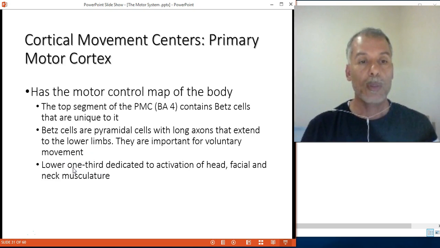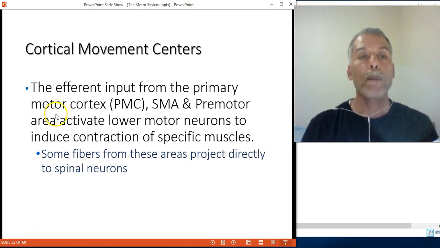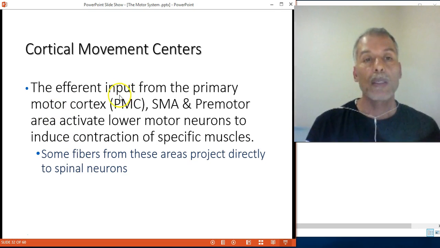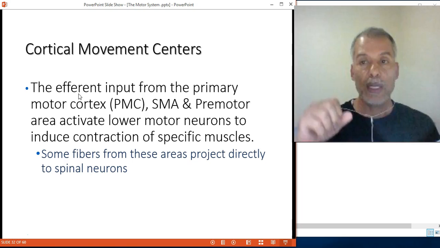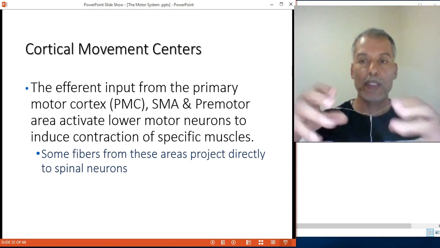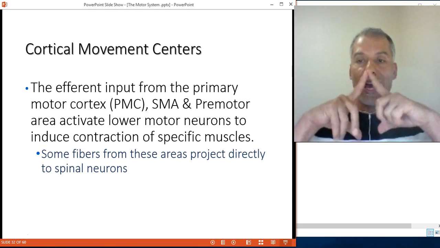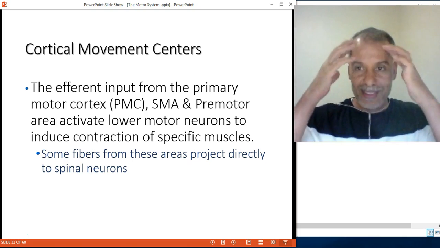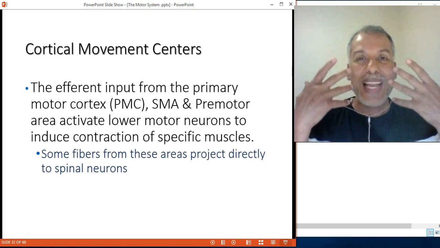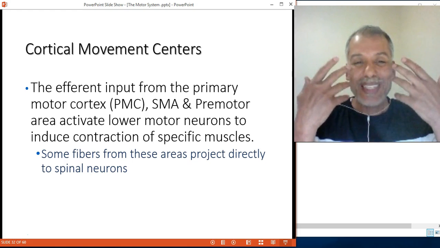So when we say efferent with an E, that means motor. Effect, to make an effect, a physical thing. And when we say afferent, that means sensory. Think about an affect, like you make an expression.